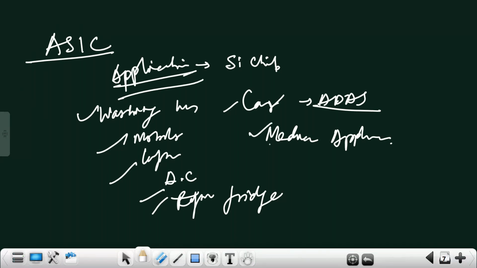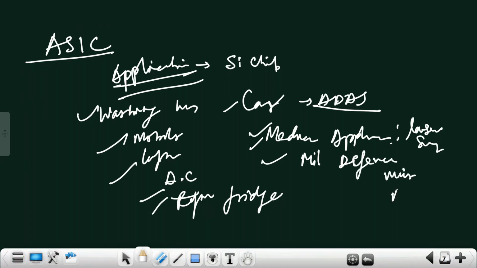Then in laser surgery, the machines which are used in laser surgery use semiconductor chips. Military, or defense, we will say. In defense, missiles, aircrafts, navy ships, right?